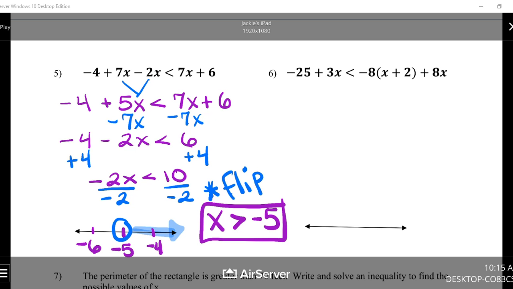Okay, number 6, we first need to simplify. So to do that, we have to distribute. Make sure you multiply both the x and the 2 by -8.